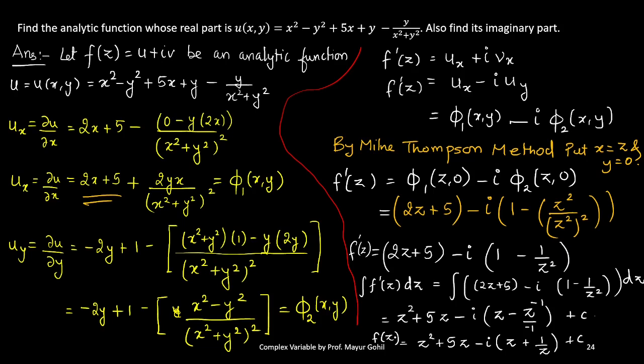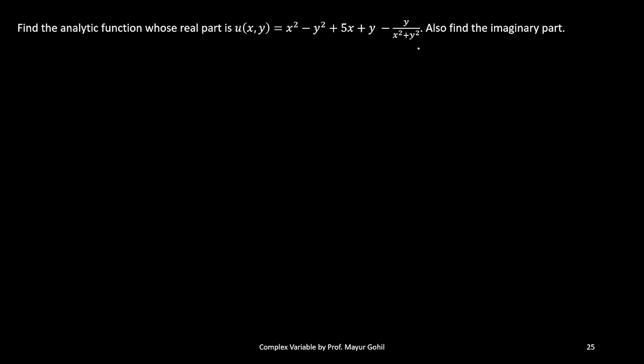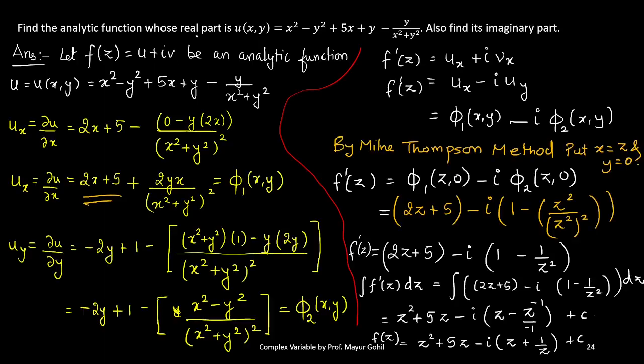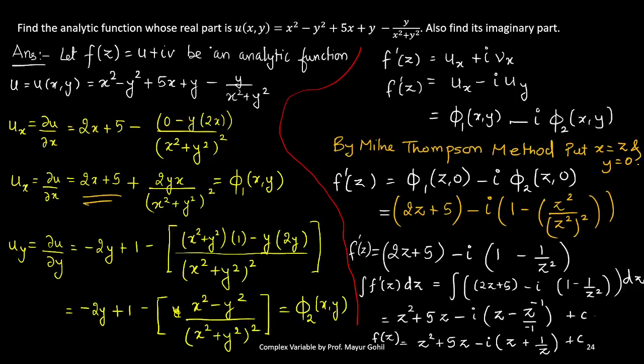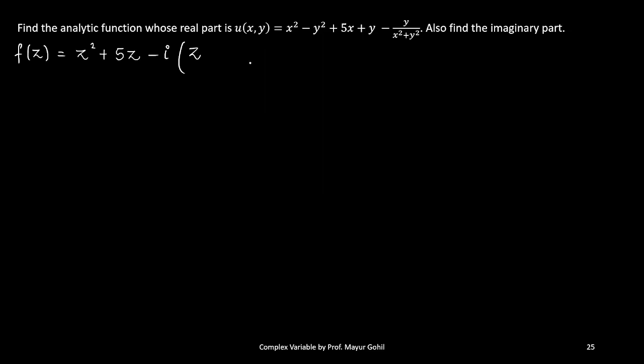Now let us go further, and now the thing is going to be important. So the same question that we were doing here, I have written down again so that we don't lose sight of it. The whole thing is f of z, what we obtained was z square plus 5z minus I times z plus 1 upon z plus c.